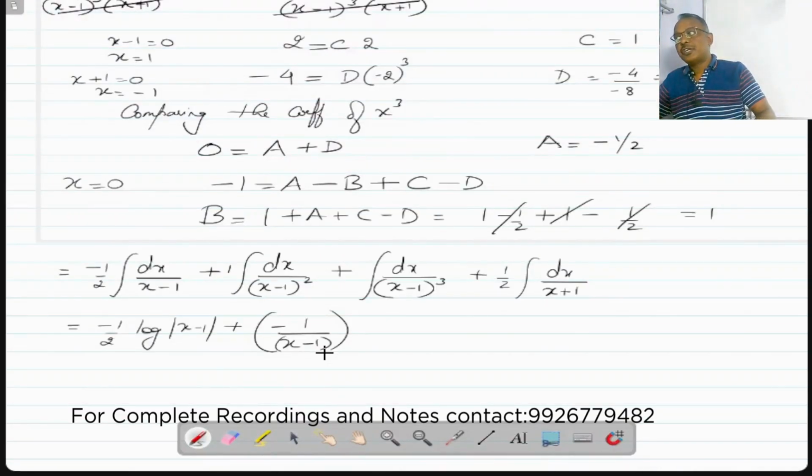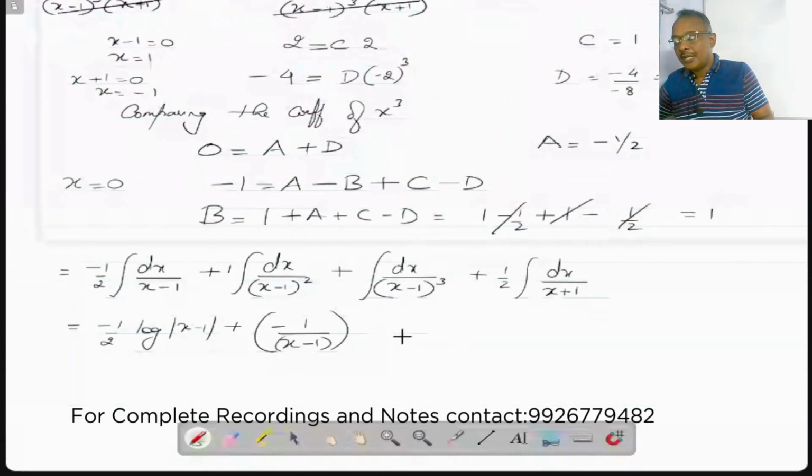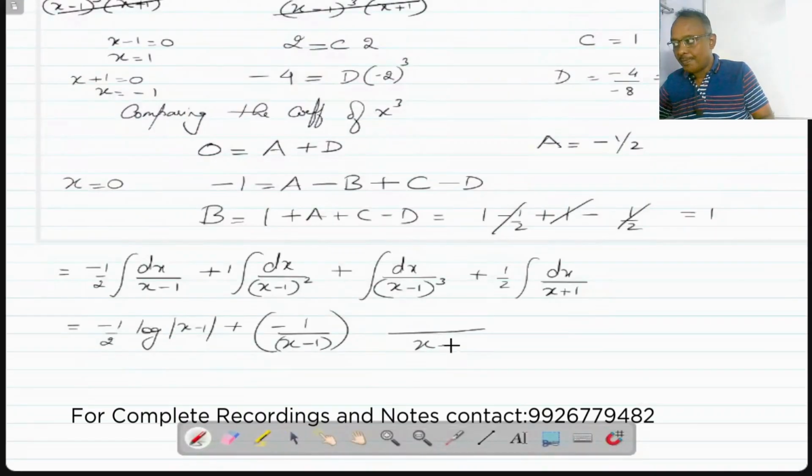X का coefficient is 1, so that's not an issue. This is minus 3 plus 1 makes it minus 2 upon minus 2. And the last one is 1 by 2 log of x plus 1. And that is it.